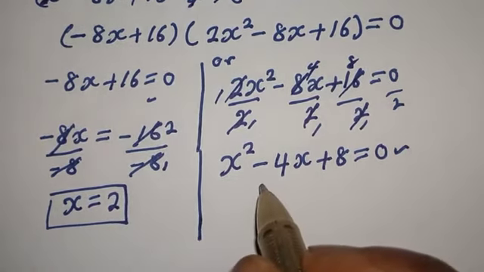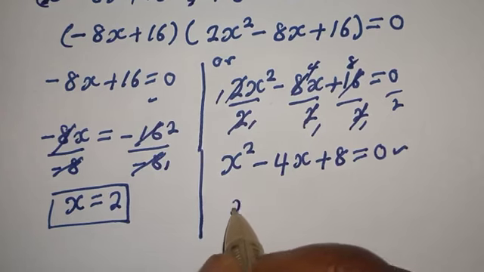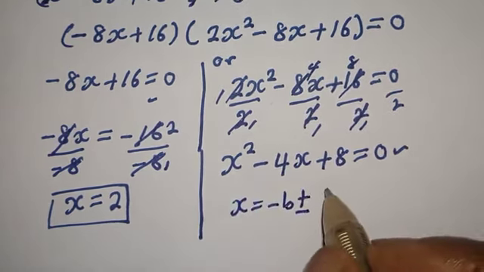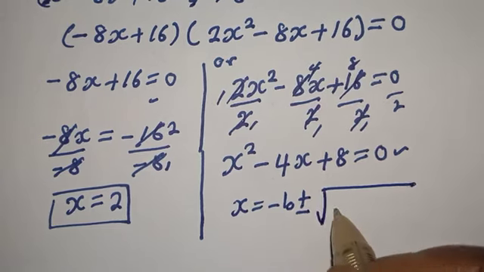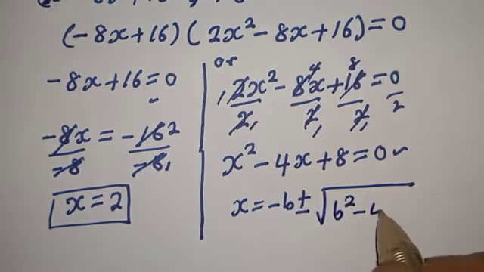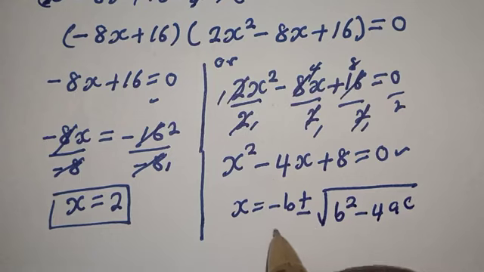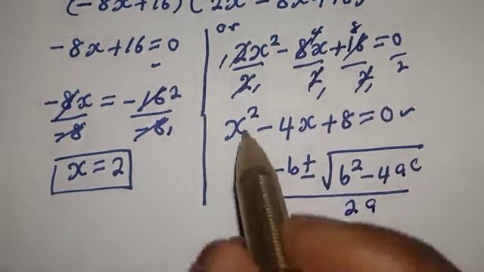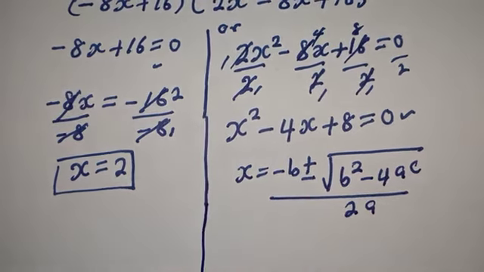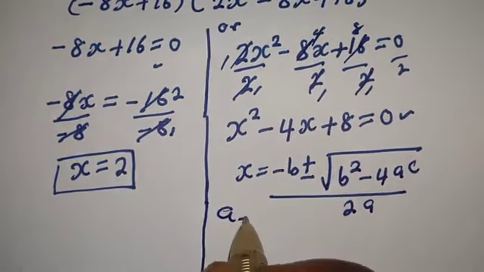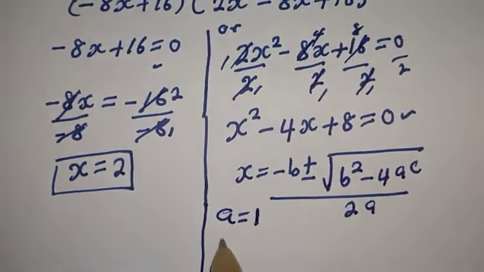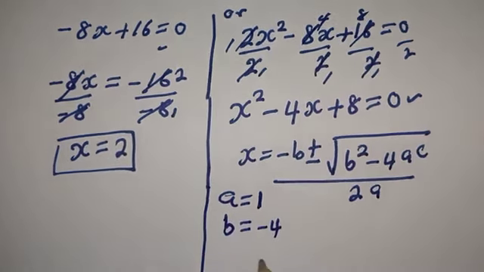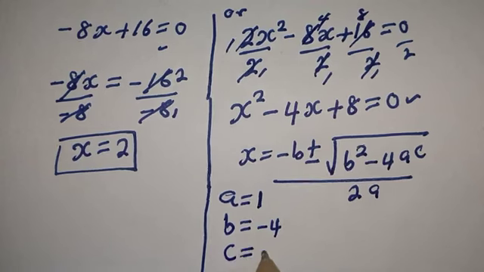And our quadratic general formula is given as s is equal to minus b plus or minus square root of b^2 minus 4ac over 2a. From this equation, a is equal to 1, b is equal to -4, c is equal to 8.